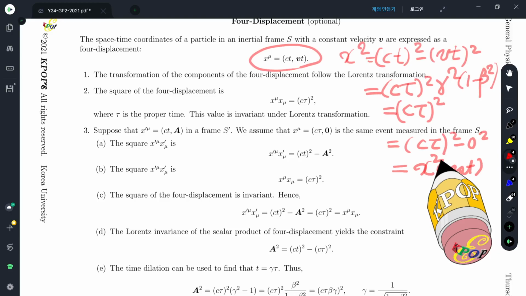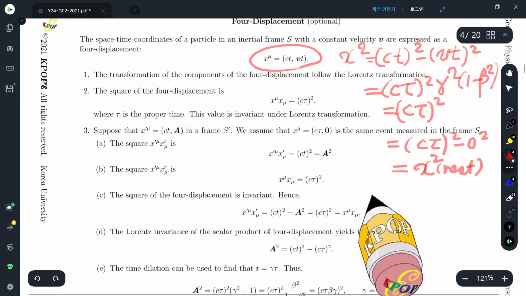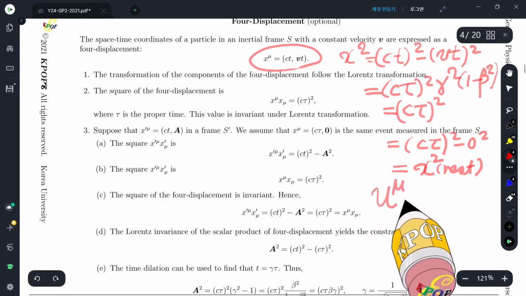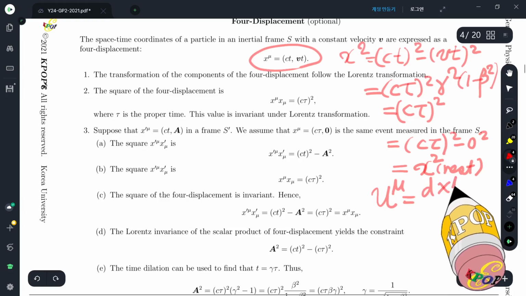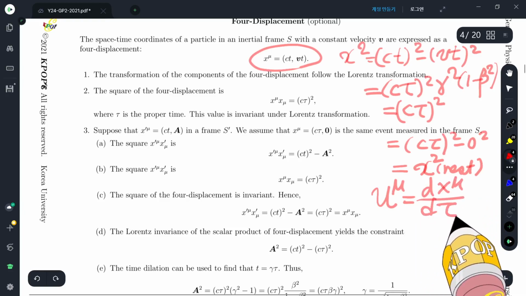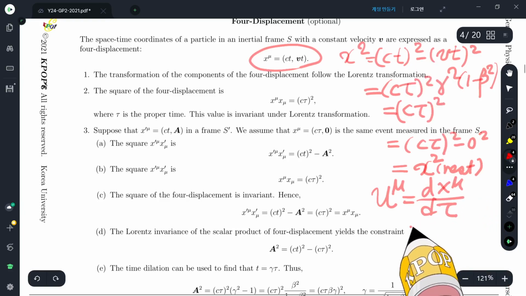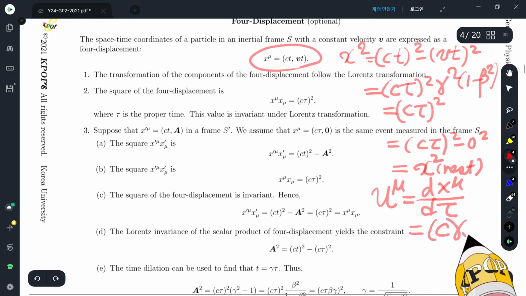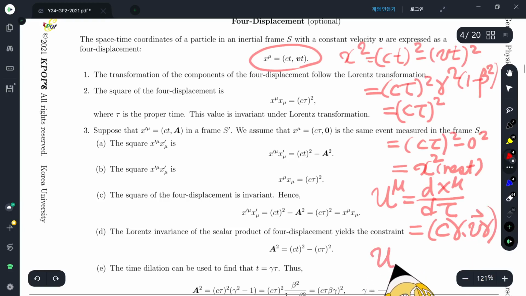Out of this, we have constructed another 4 vector that is u mu equals dx mu over d tau. That is c gamma, v gamma, and the square of the 4 velocity equals c squared.